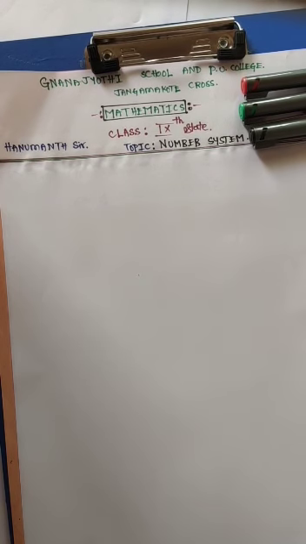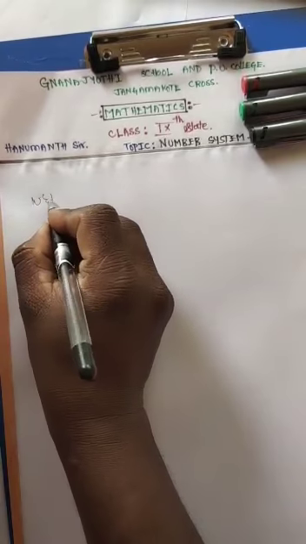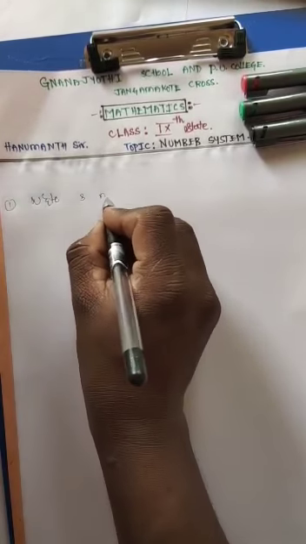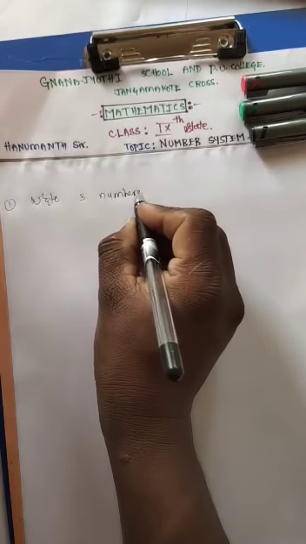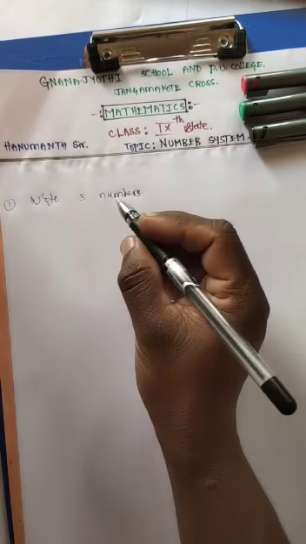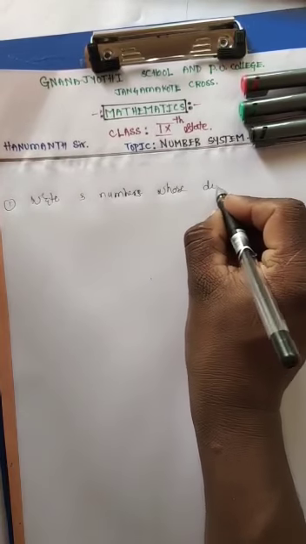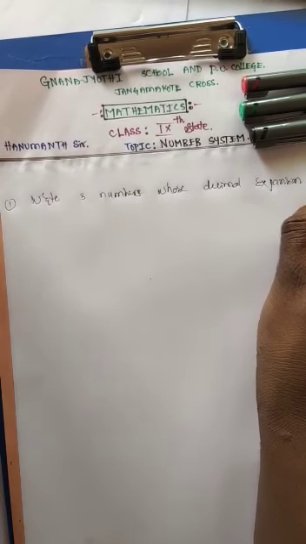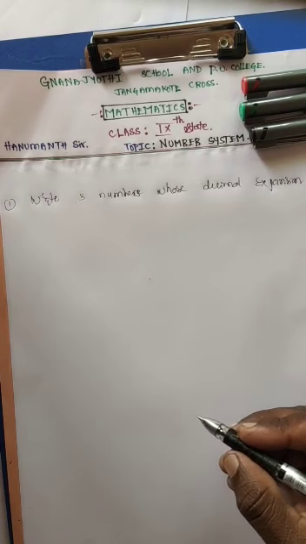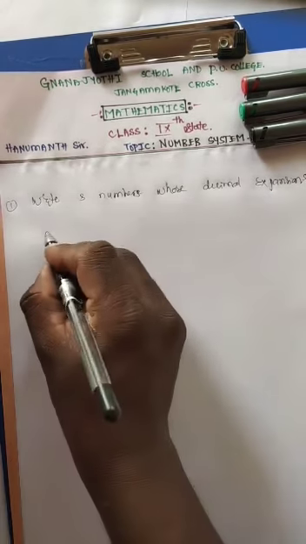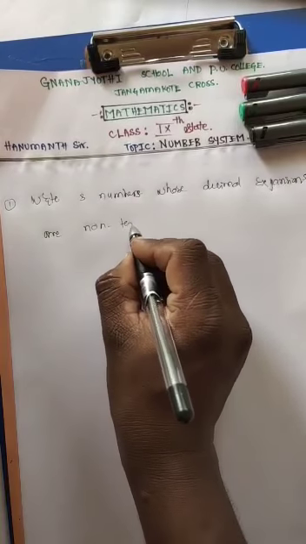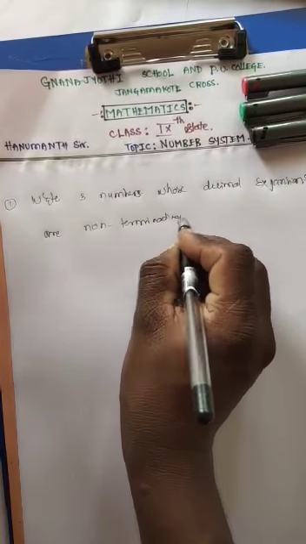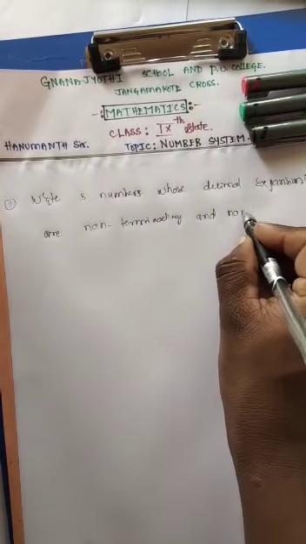So come to the sum. Write three numbers whose decimal expansions are non-terminating and non-recurring.